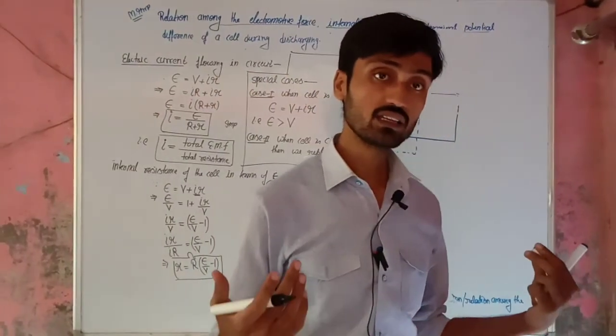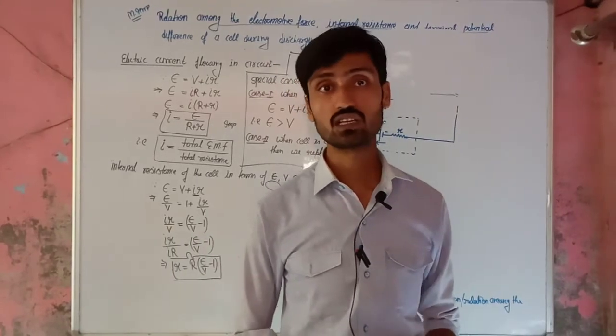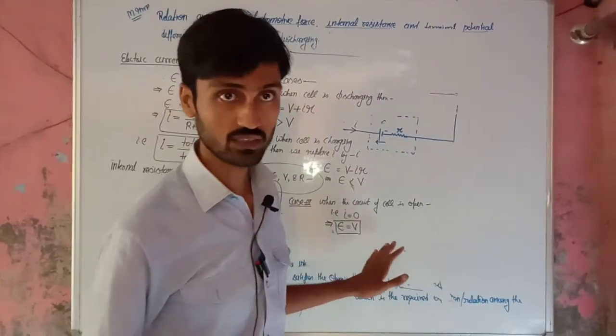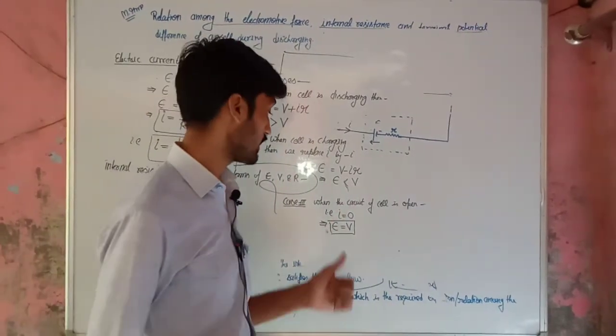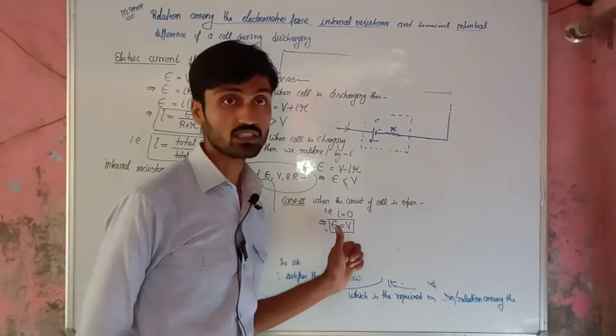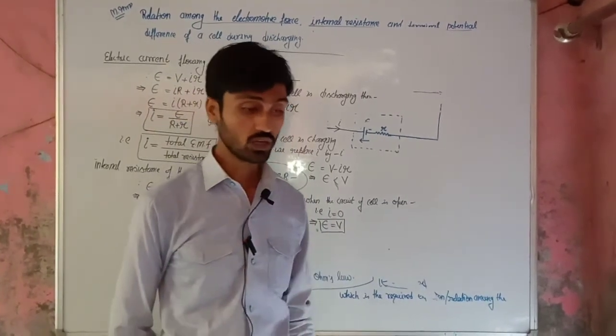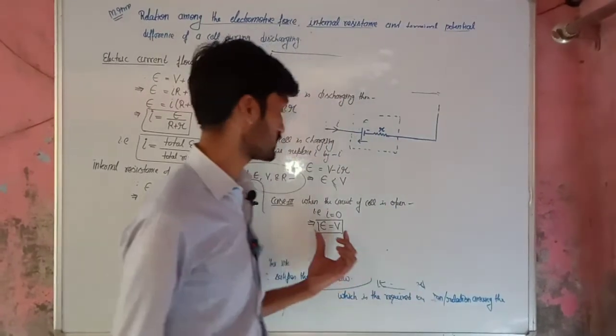When I is 0, then you can calculate the terminal potential difference. This is a mathematical relation. But if you want to find the electromotive force of the cell, this relation is very, very important. So we will make such a condition in which this condition is satisfied.